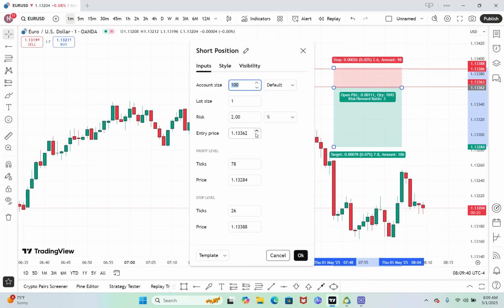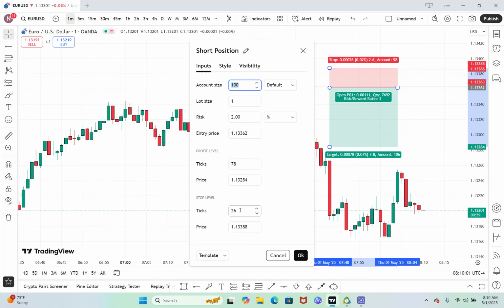But with TradingView, the only thing I have to do is one calculation. TradingView will show you the value of the stop and it gives you a little profit. So all you have to do is just multiply the stop loss, and you will get the TP.